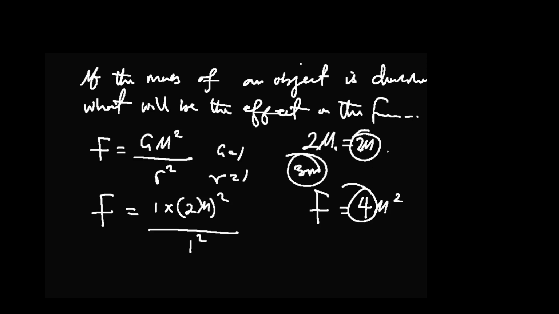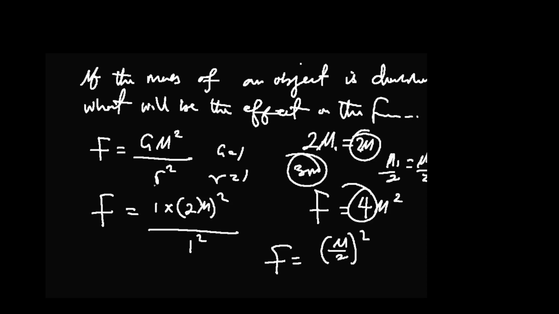Now, if I say I decrease the mass by 2, mind you, when I say decrease, it doesn't mean minus. It means division. If I say the mass is decreased by 2, that means I divide this by 2. Then you have that F is now equal to m all over 2, all squared.